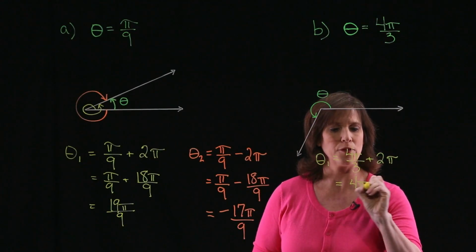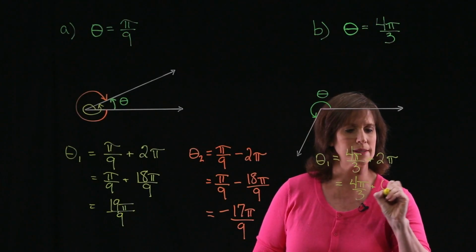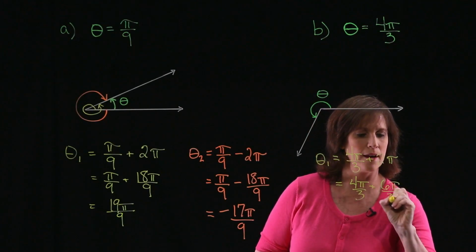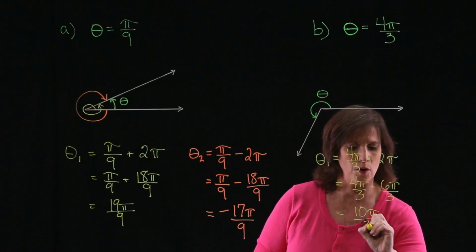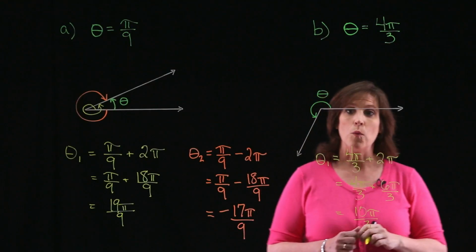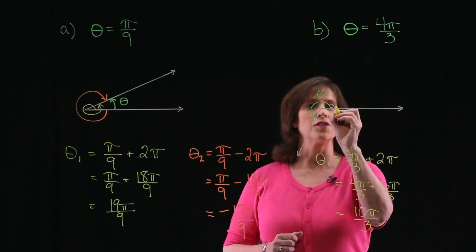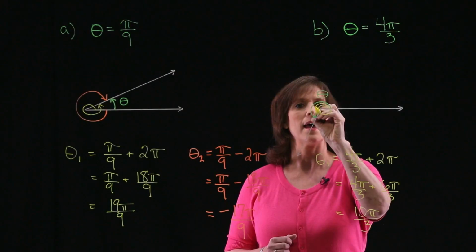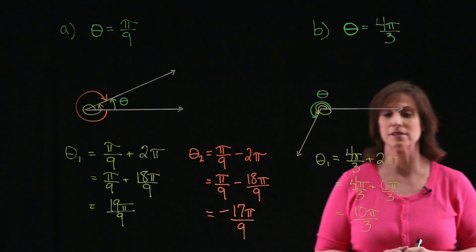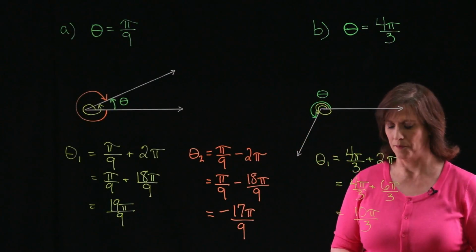So I have 4 pi over 3 plus 6 pi over 3, and that gives me a total of 10 pi over 3. Now again, what does that look like? I'll start on my initial side, and I'll go the whole way around once and back to my terminal side, and I have 10 pi over 3.